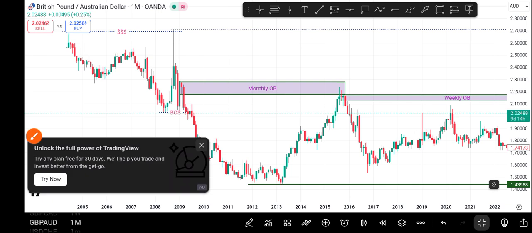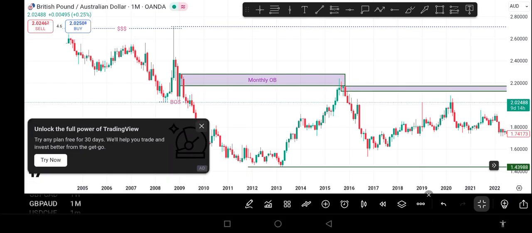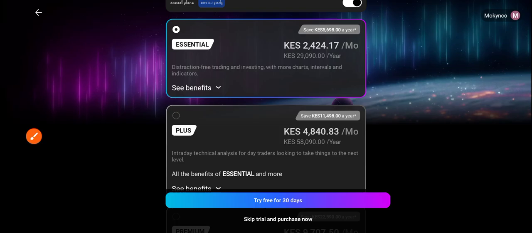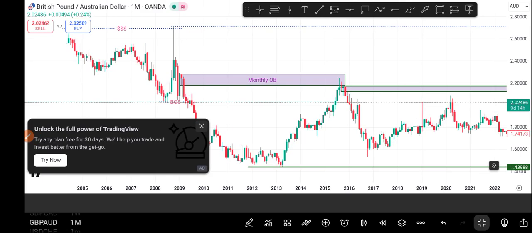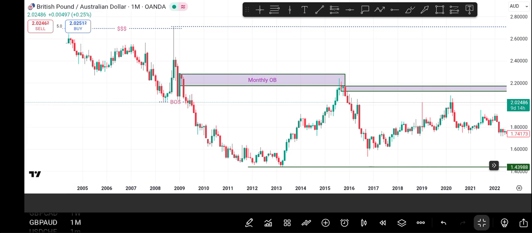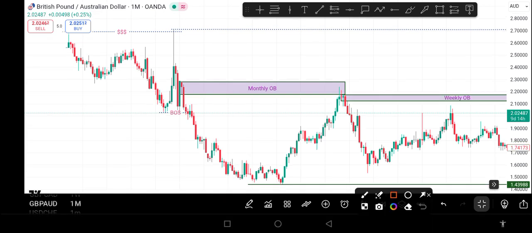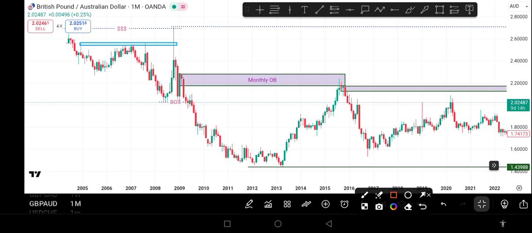I was saying, after the price takes liquidity above this point, I will not wait for the market to come above and take another liquidity above this point.